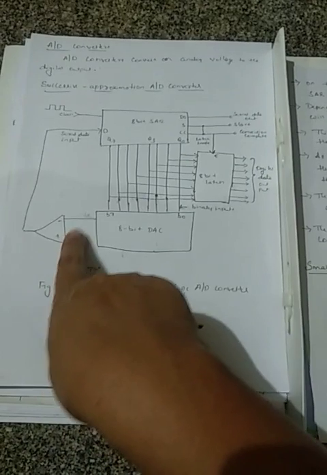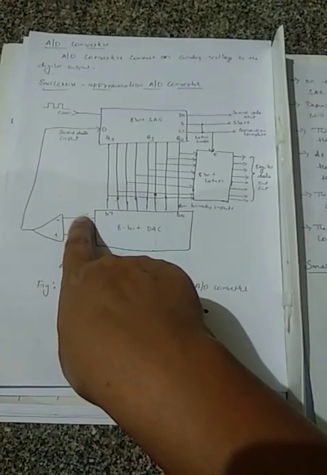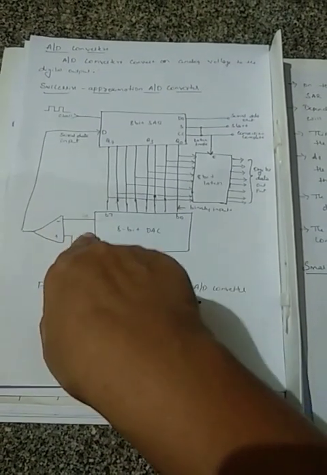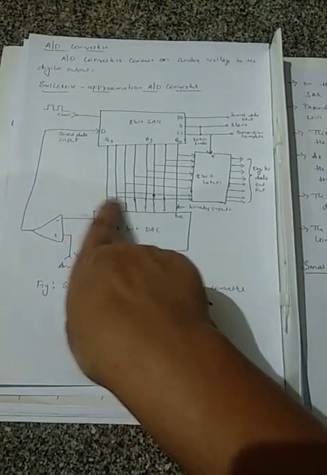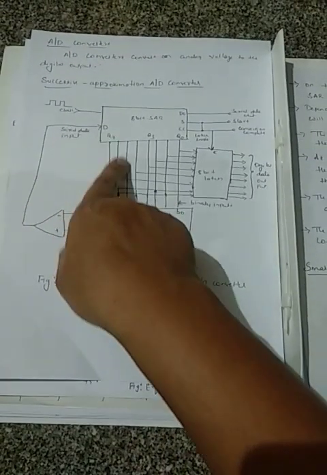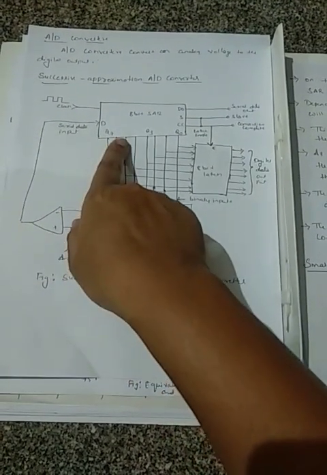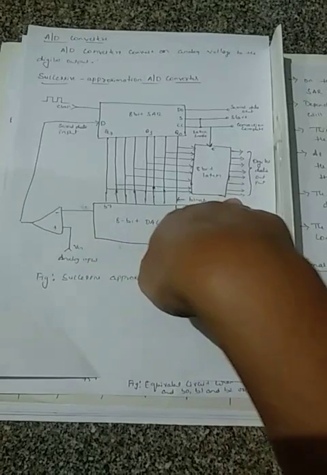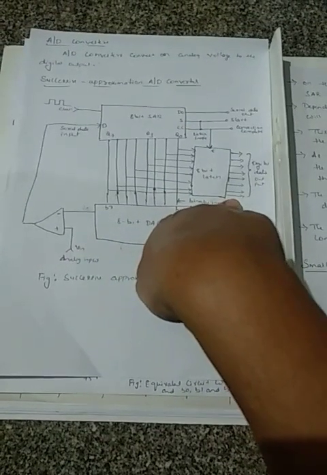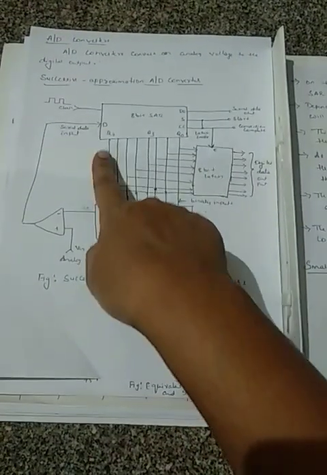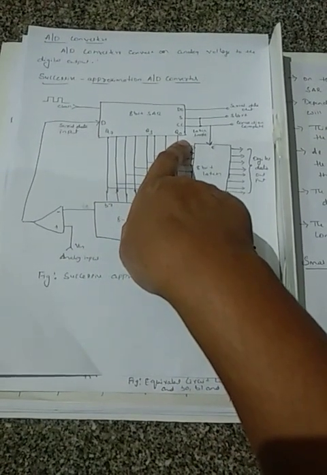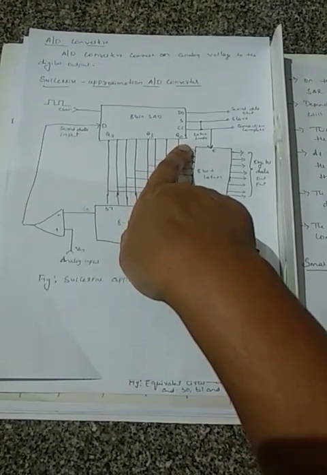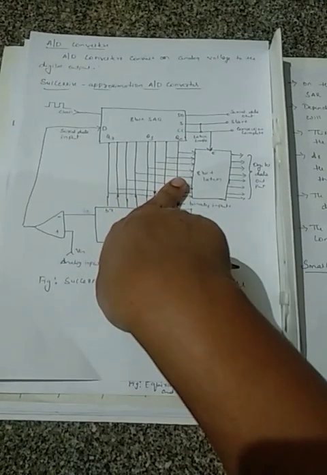If Vin is less than this output, Q6 is cleared. If Vin is greater than this, Q6 is set and the same output is given to the SAR and stored in the latch. This process is continued until the SAR tries all the bits, so all the combinations have been tried.